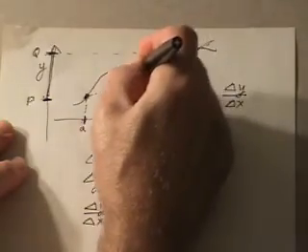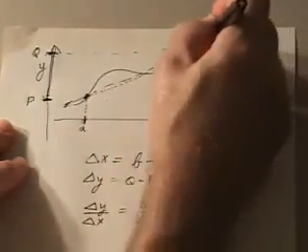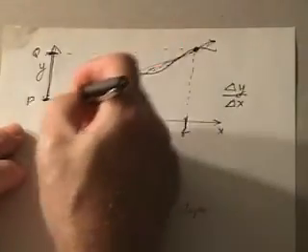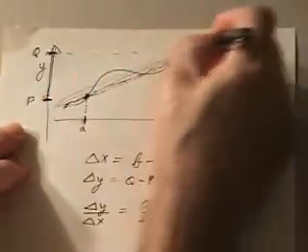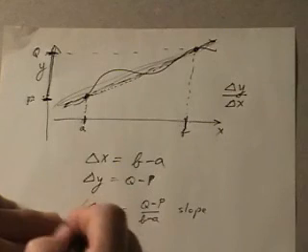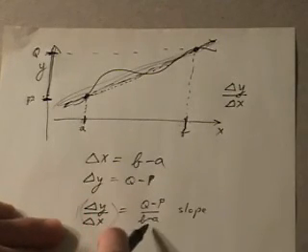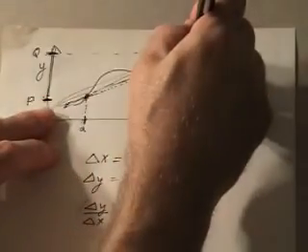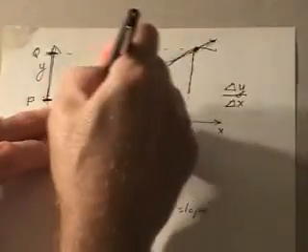So if you think about this line that connects these 2 points, the slope of that line is this quantity, Q minus P divided by B minus A. And it would be geometrically this distance divided by that distance.